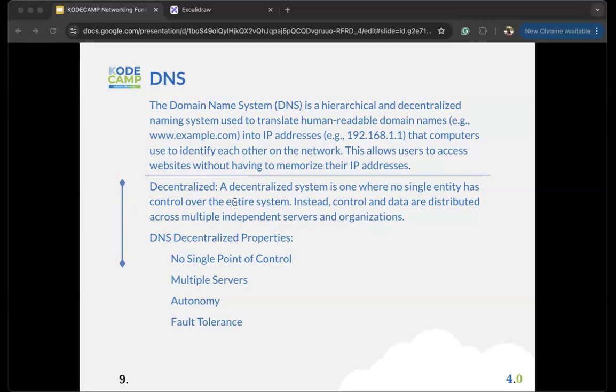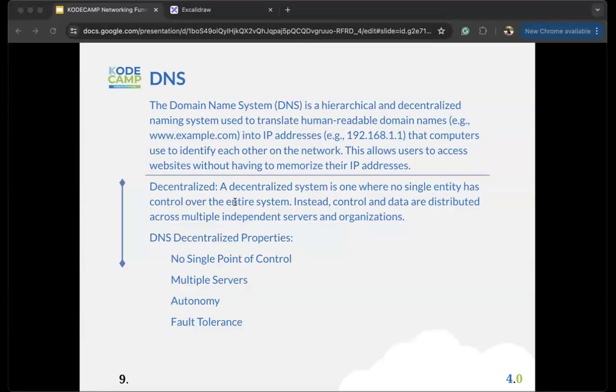So I can decide to create my domain name using Cloudflare, right? You can decide to create your own using maybe Google domains, right? So different organizations and different entities have and maintain domain names, right?